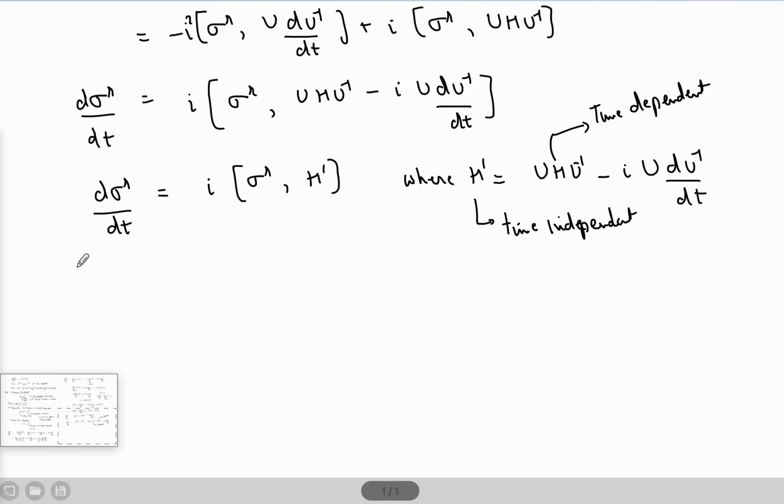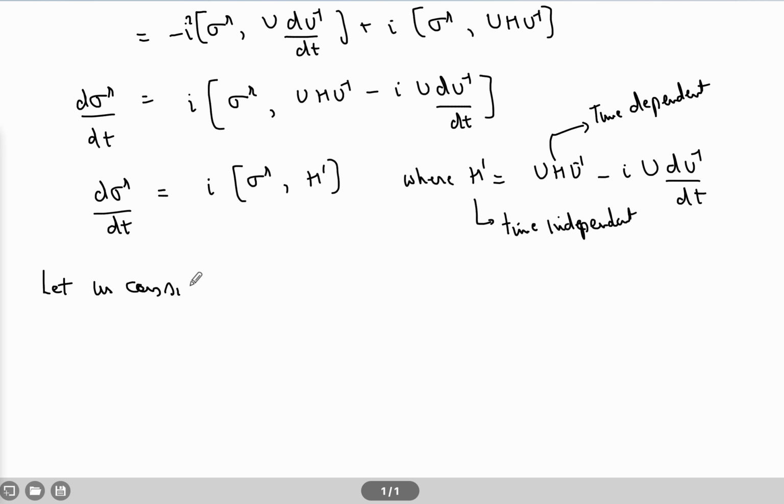So let us first consider a simple case of a spin half system, an isolated spin. Why isolated? Because now we are not considering any spin-spin coupling, so any complex interactions.